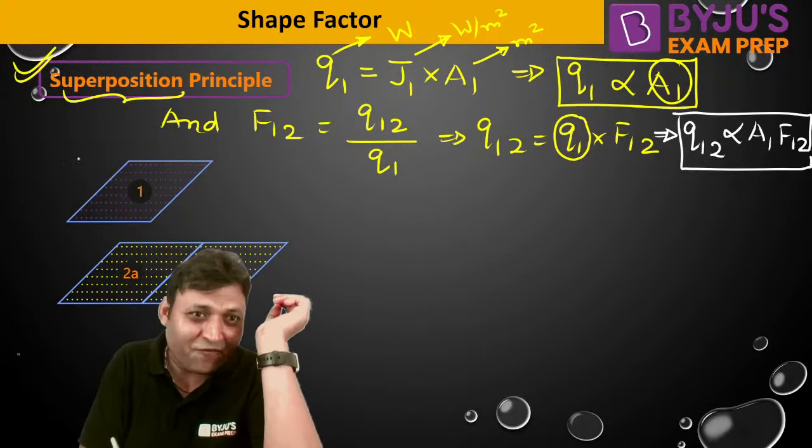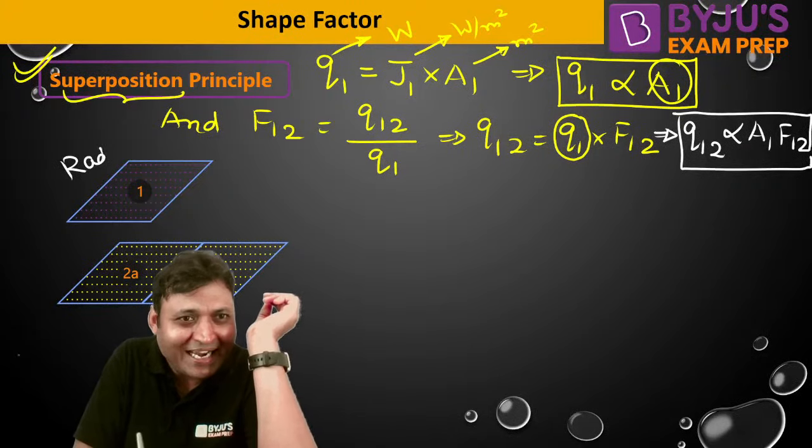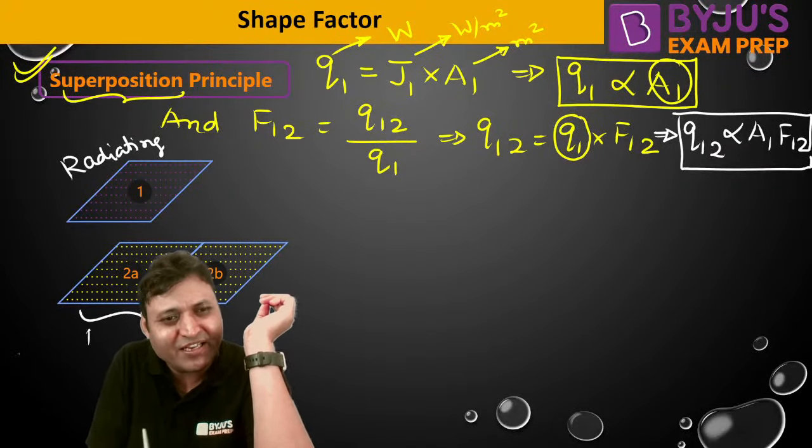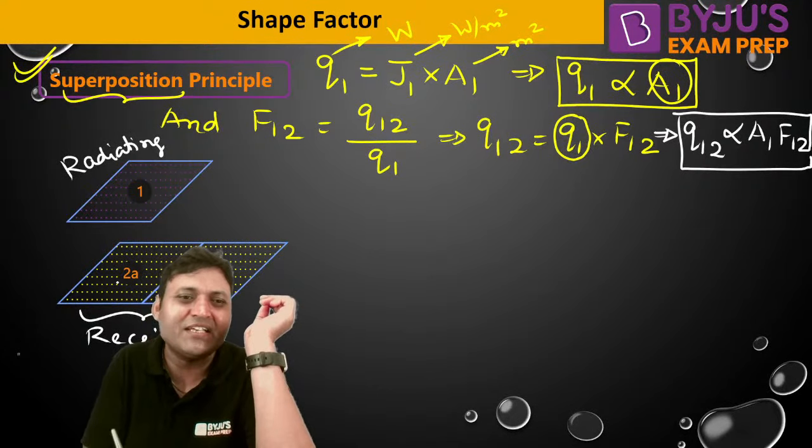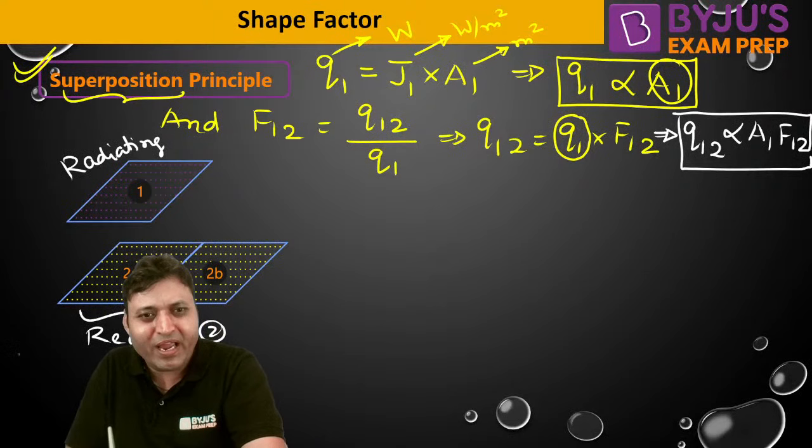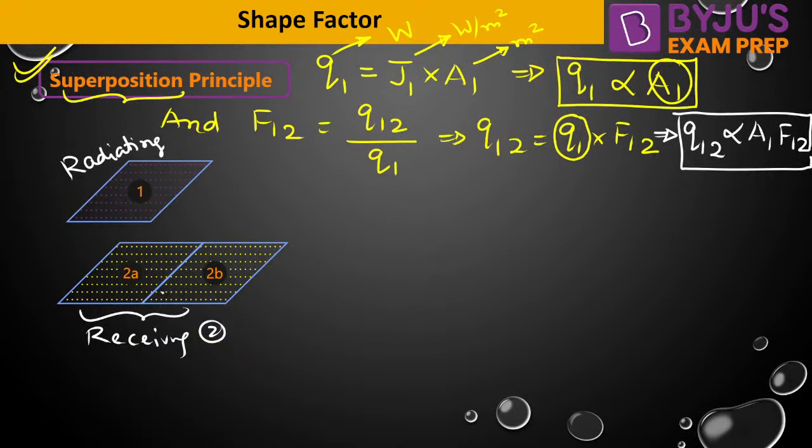Now, if we talk about the radiating surface 1 and this is the receiving surface 2, 2 is the receiving surface which has areas 2A and 2B combined together. So whatever radiation leaving the surface 1 and reaching 2 is nothing but the sum of radiation leaving 1 and reaching 2A plus 2B.